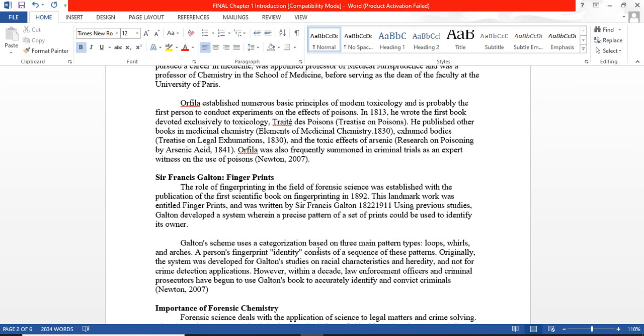Originally, the system was developed for Galton studies on racial characteristics and heredity and not for crime detection application. However, within a decade, law enforcement officers and criminal prosecutors had begun to use Galton's book to accurately identify a convict criminal nga man. For your fingerprint class, di ba, yung fingerprint is very unique for yourself alone lang yun.